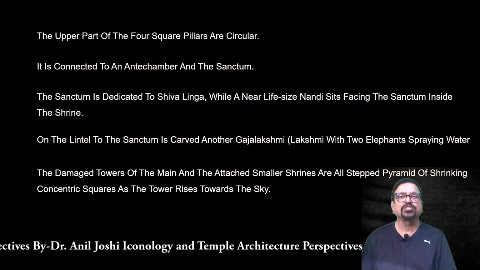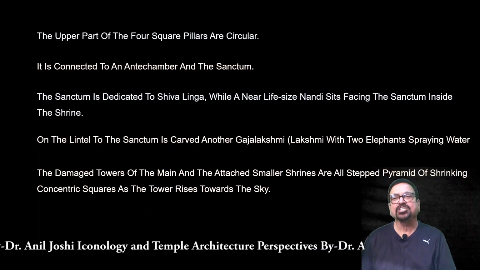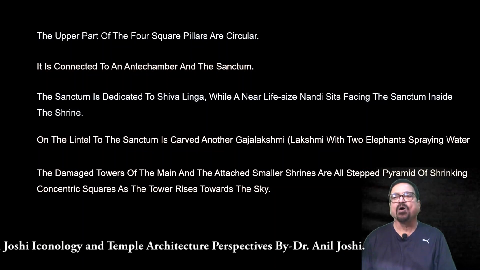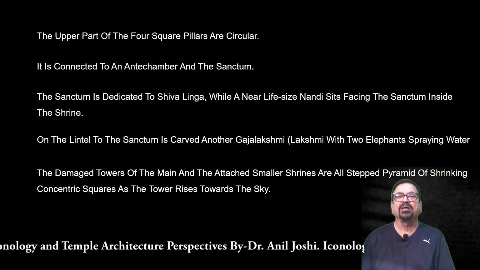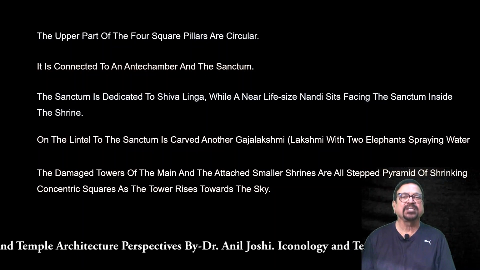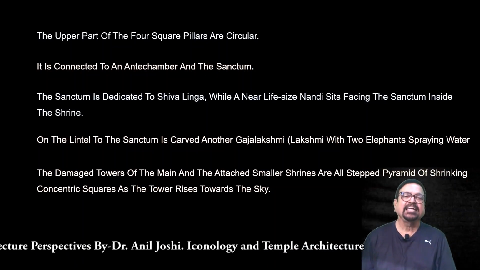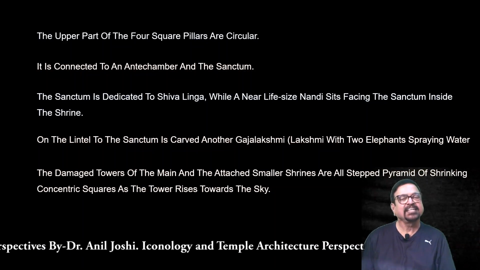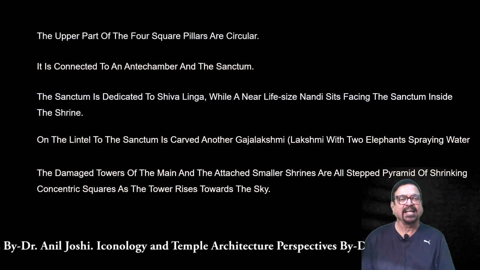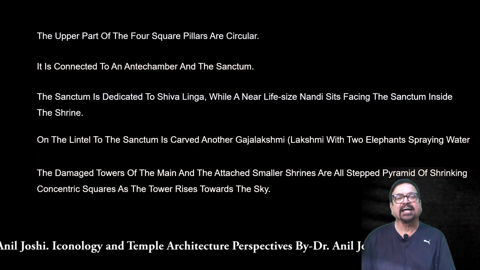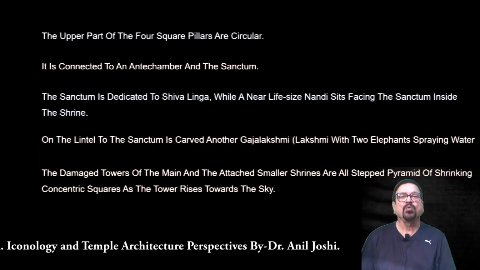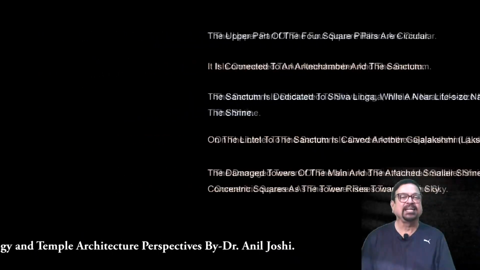The damaged towers of the main and the attached smaller shrines are all stepped pyramids of shrinking concentric squares as the tower rises towards the sky. The shikharas are a different topic. We have discussed it somewhere else: how the shikharas are developed, and how they tell you who constructed the building and in which style.